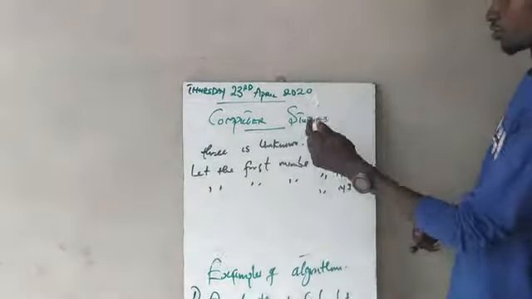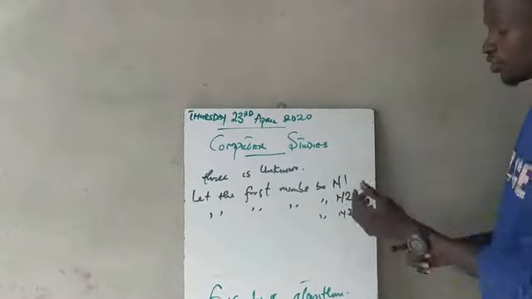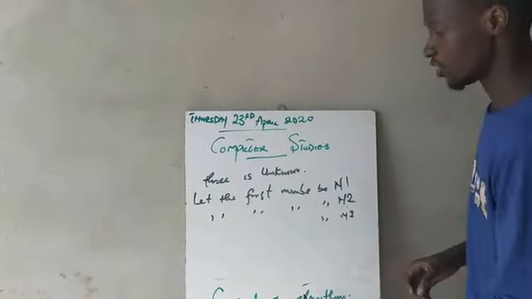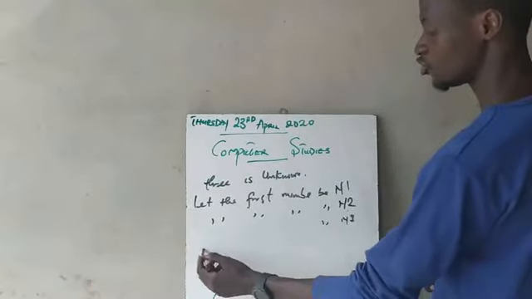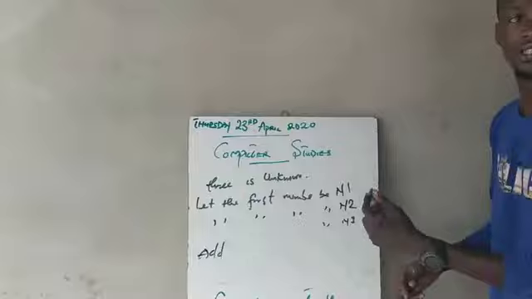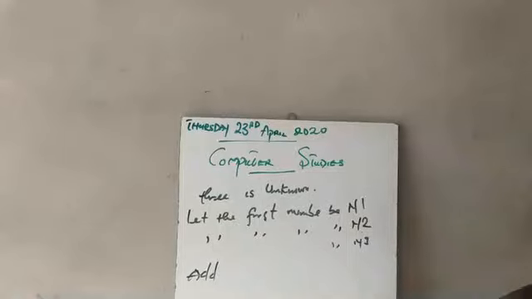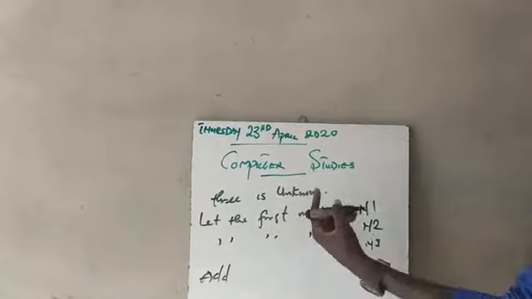So now that you have n1, n2, n3, what do you need to do? You need to add. So you do the addition to find the average. You add the three numbers together.